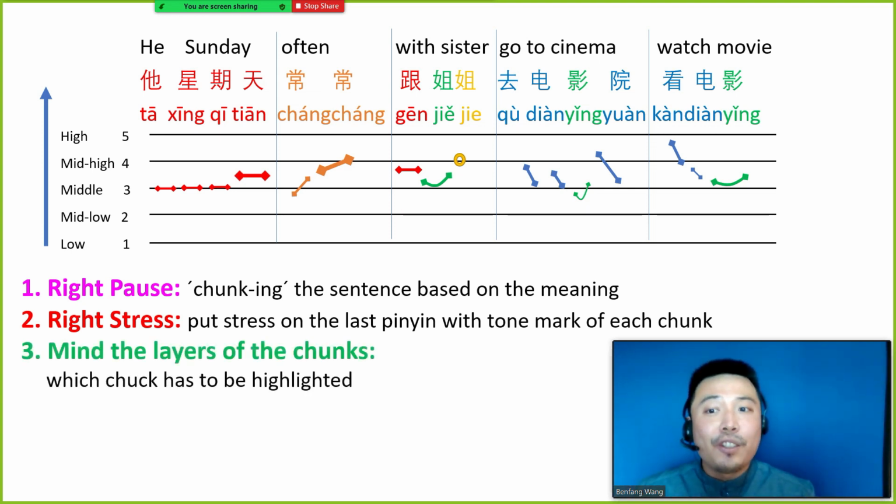The next tip is to mind the layers of the chunks. Think about which chunk has to be highlighted in order to convey your meaning to the listener more clearly.